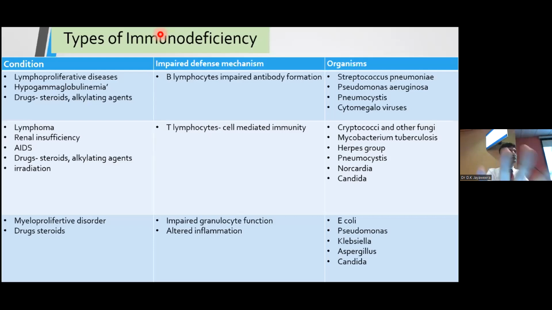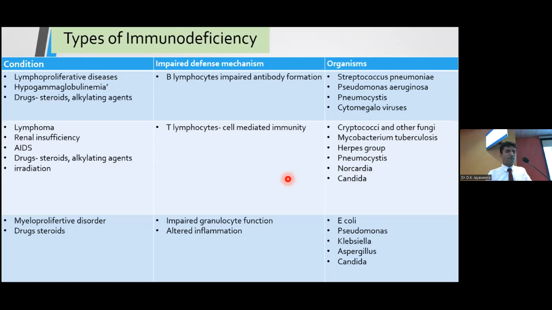But when there is a T lymphocyte deficiency, it is usually due to lymphomas, renal insufficiency, HIV or AIDS, and drugs like steroids. Then usually the intracellular organisms like cryptococcal and other fungi, mycobacterial infections, and herpes infections are the most common.